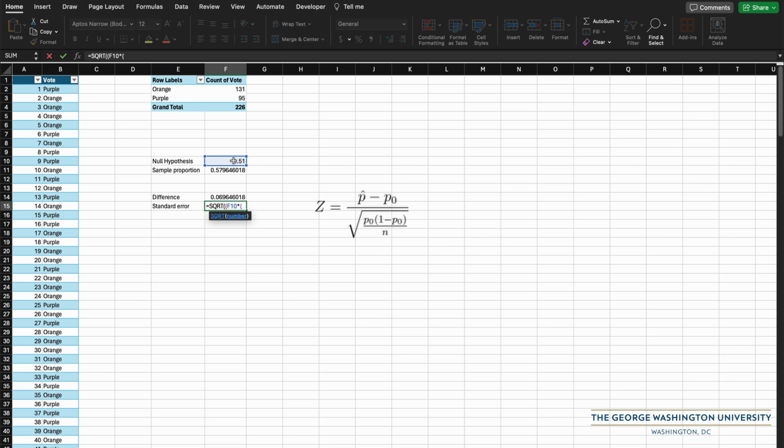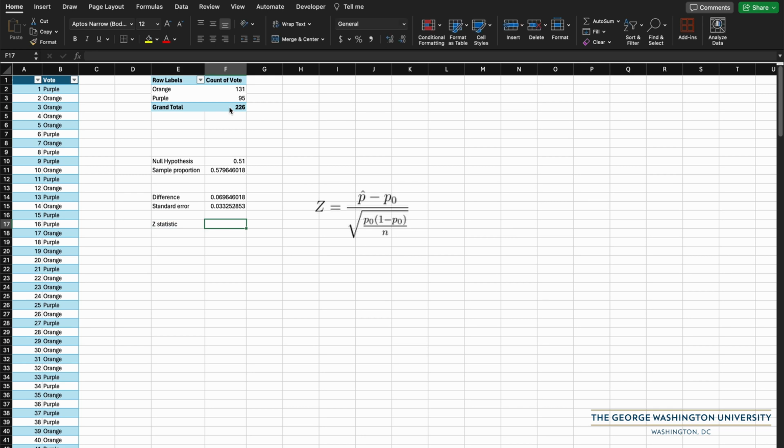So that'll be 1 minus, then clicking on the 0.51 again, close that set of parentheses, another set of closing parentheses, and then forward slash to divide by the total number of people in my study. I'm clicking on the 226 there. I'm going to close my final set of parentheses and hit return. And there we see our standard error. Now we can just work out our z-statistic.